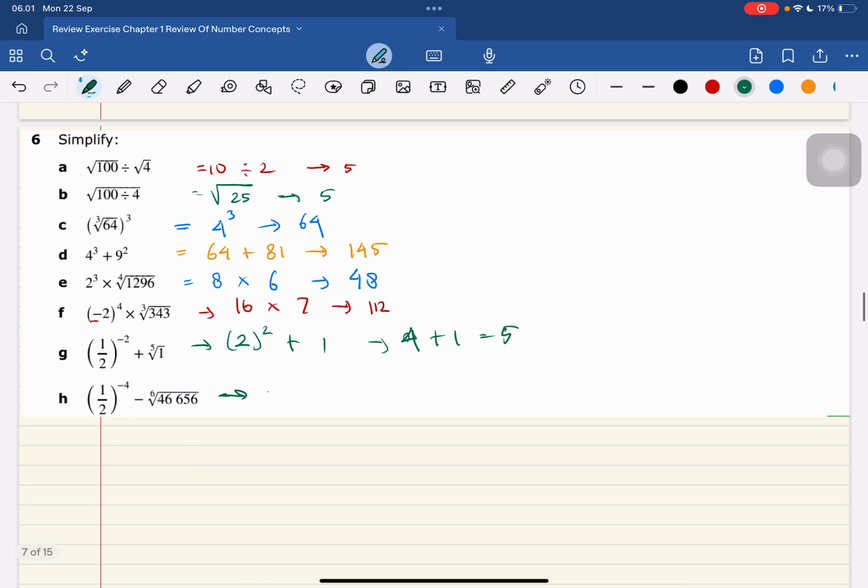So let's flip, and the power is going to be positive. Minus, what number, if we multiply 6 times, equals 46,656? It equals 6. So 2 to the power of 4 is going to be 16 minus 6 will give us the answer of 10.